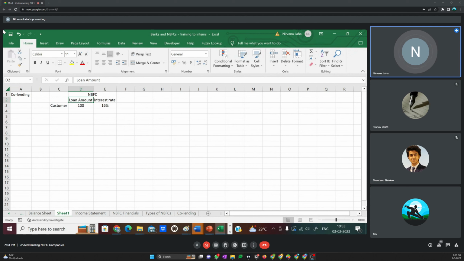So it's not very easy. For an NBFC to grow, the constraint is raising deposits. That is the constraint for its growth. It has plenty of customers that it can give loans to, but it is constrained by the amount of capital it can raise. So co-lending is basically a way around that.